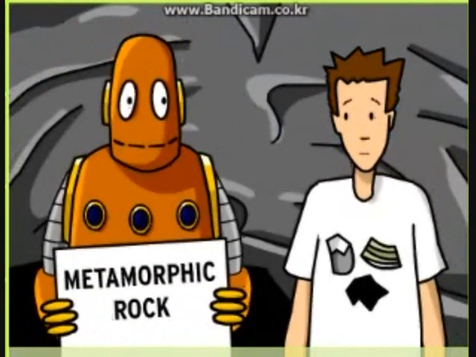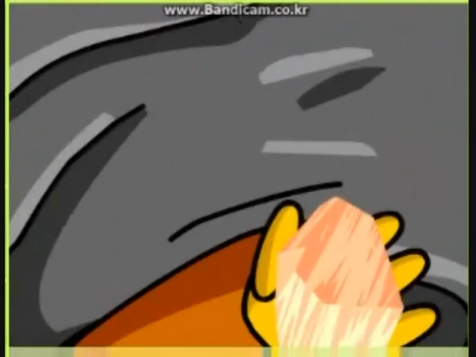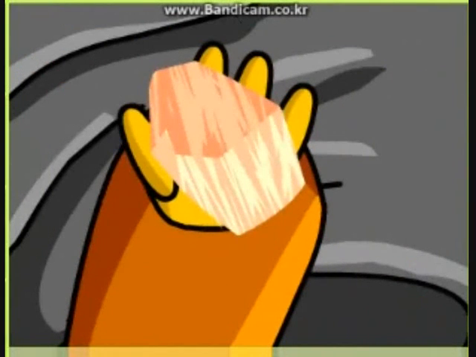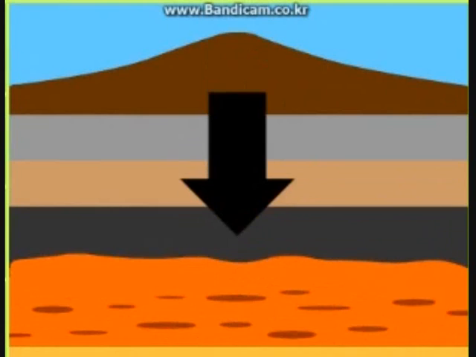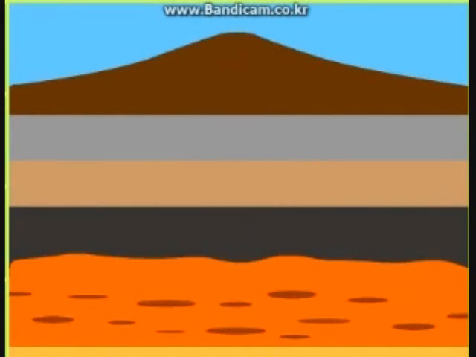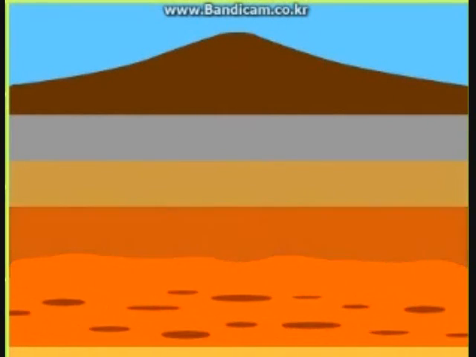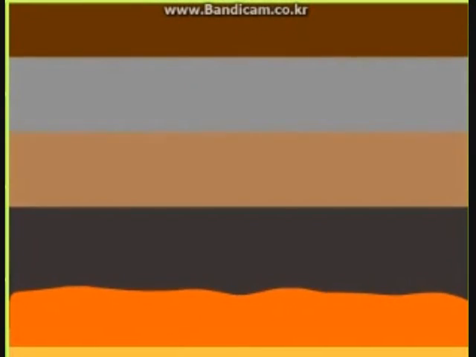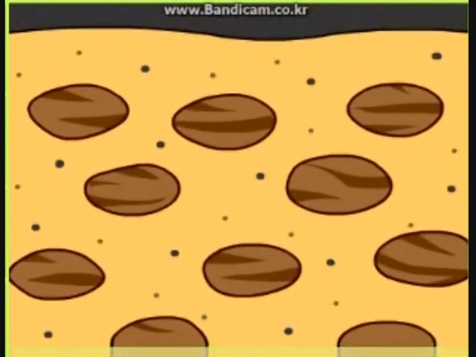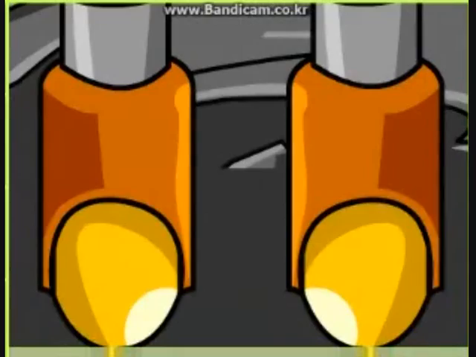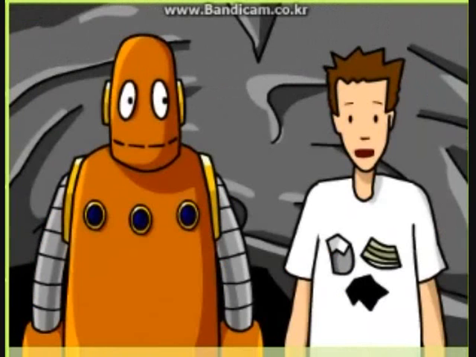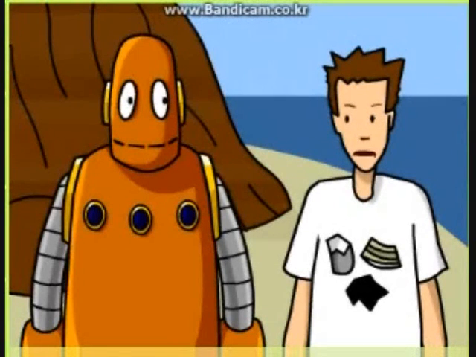What? Sure is hot down here. Hey, that's a metamorphic rock. The rocks below the Earth's surface are under a lot of pressure from the rock layers above. Enough heat and pressure will turn those rocks back into molten magma. But if it doesn't get quite hot enough for the rocks to melt, the rocks will be cooked and smushed into a new type of rock. Metamorphic rocks have mineral grains that are flattened and aligned. An igneous rock can be transformed into a metamorphic rock when enough heat and pressure are applied. So can a sedimentary. Okay, how'd we get here?